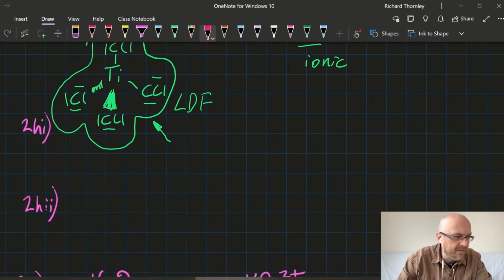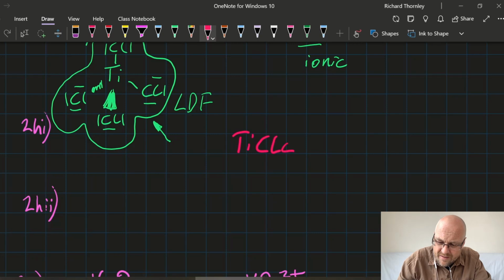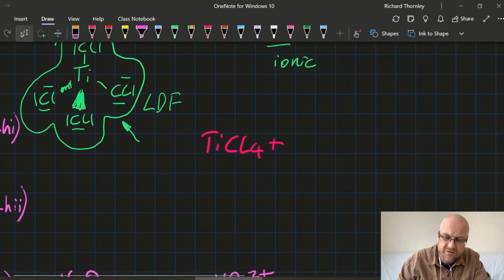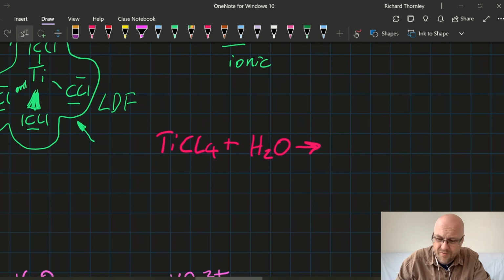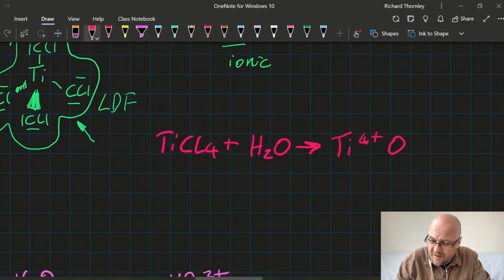Okay, H. Titanium tetrachloride reacts with water to form titanium 4 oxide. So Ti, and that's 4 plus, and O is 2 minus, crisscross method, Ti2O4, cancel that down to TiO2.